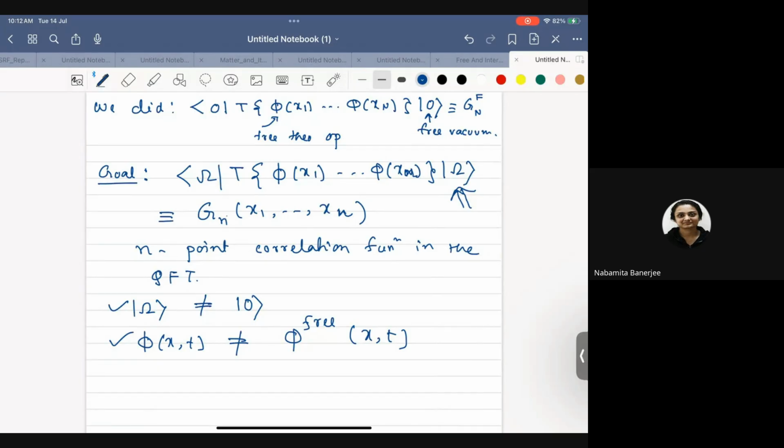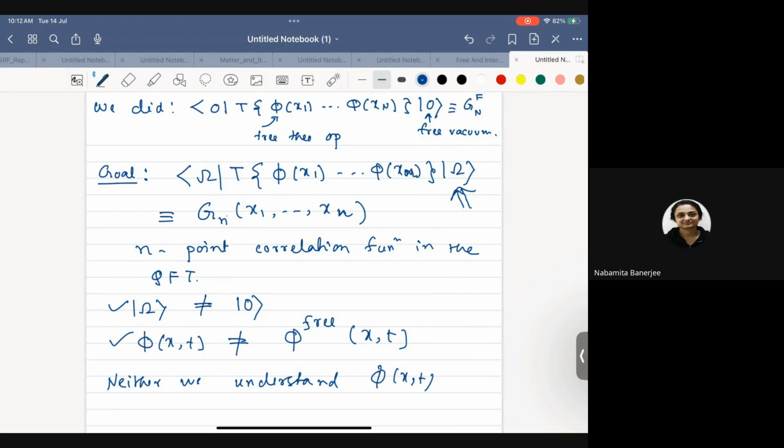The problem is we do not have the machinery to do it. Why? Because neither do we understand these operators, since all those A daggers, A acting on 0 is 0, A dagger acting on the state is a new state, all those are gone.